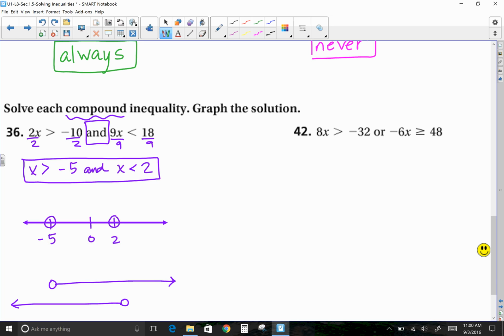I hope that you can see the numbers that satisfy both conditions are what we call the overlap or the intersection. So do not put this on your graph. This is not the way to graph the solution. Your solution looks like this. Generally, more times than not, an and will be in between your values.